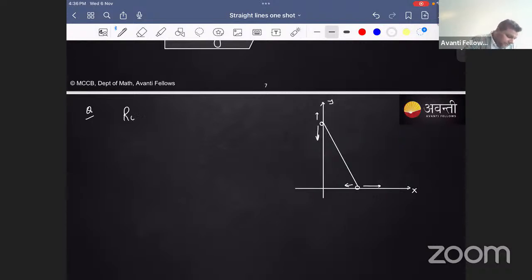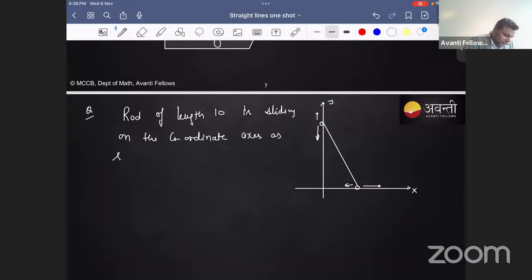A rod of length 10 is sliding on the coordinate axes as shown. Take it like this.